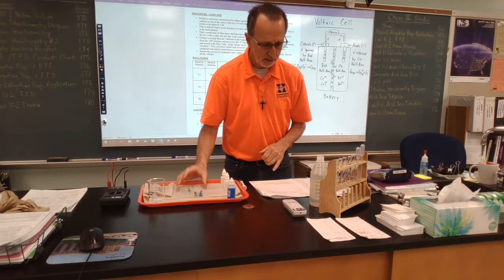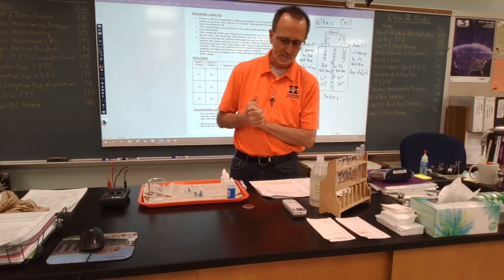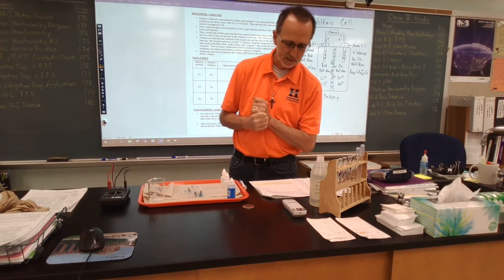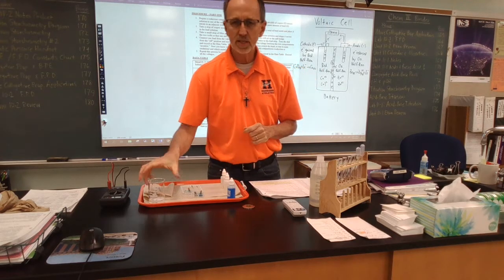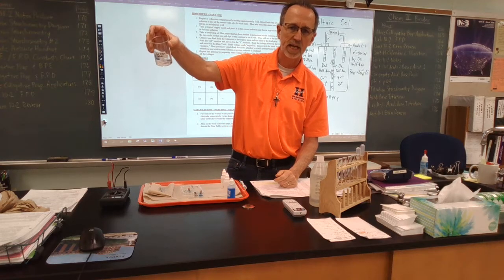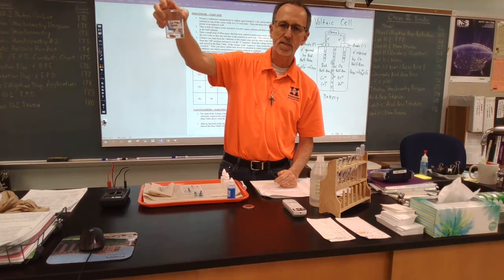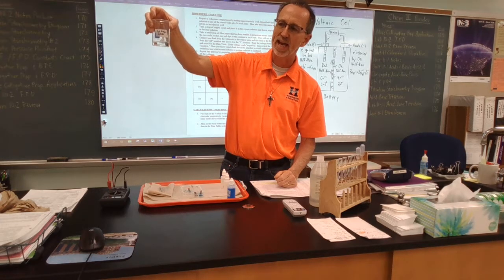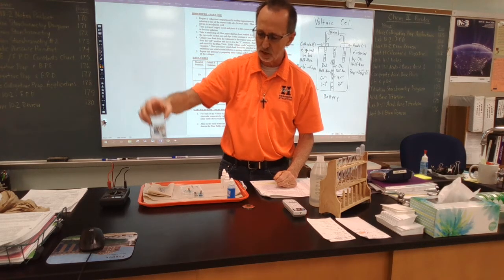Then take a small strip of filter paper that has been soaked in potassium nitrate and drape it across the 2 wells so that one end dips in the solution in each well. So this is our salt bridge. Here I have some potassium nitrate solution, and I put some strips of filter paper in it yesterday and let them soak overnight, so they're good and soaked.